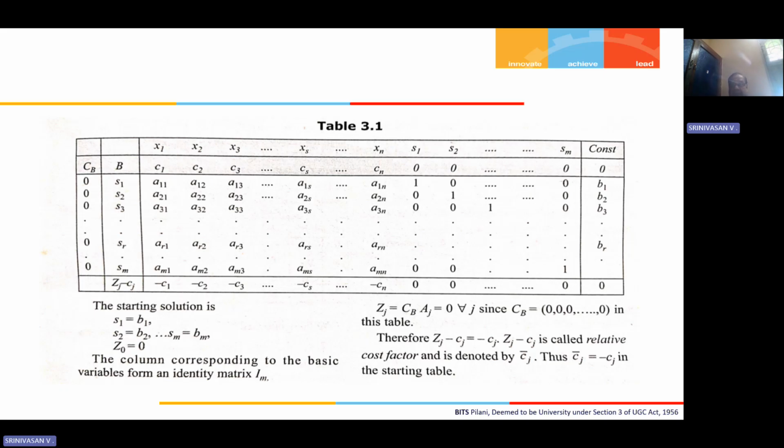Thus, in the initial table, Cj bar is minus Cj. So Cj bar is minus Cj always, only in the starting table.